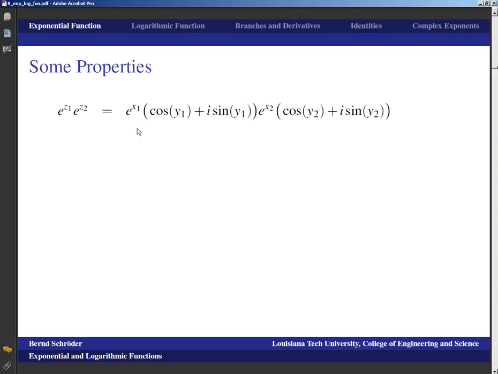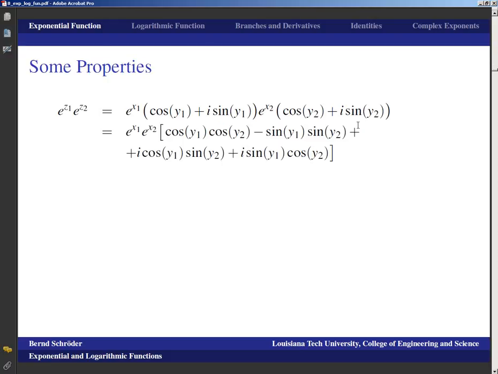Well, e to the z1, if z1 is x1 plus iy1, and z2 is x2 plus iy2. So just trying to stay with standard notation. x and y are the real and imaginary parts of z, and corresponding subscripts are assigned. Well, then the product of e to the z1, e to the z2 is e to the x1 cosine y1 plus i sine y1 times e to the x2 cosine y2 plus i sine y2.